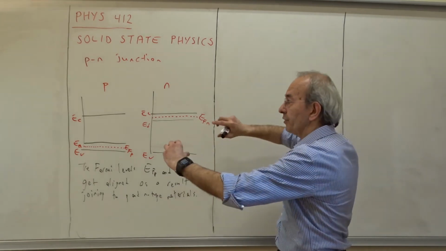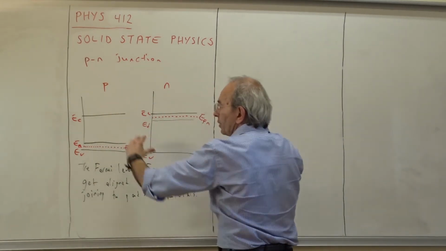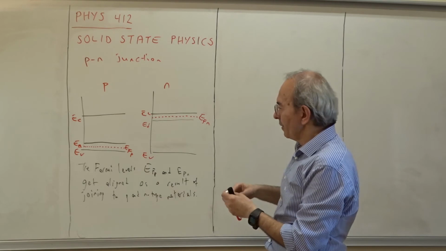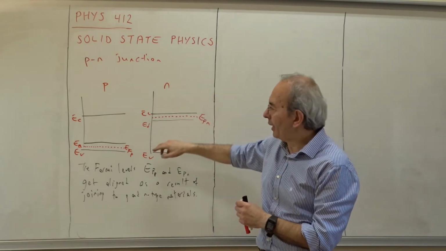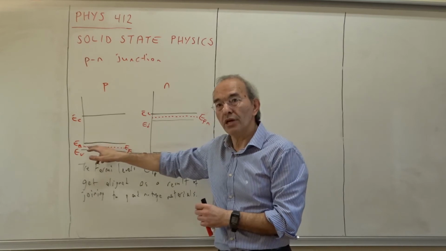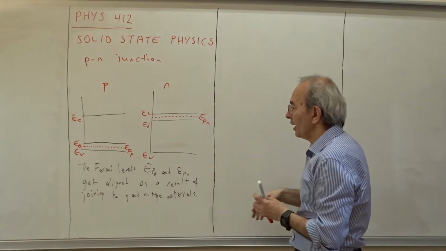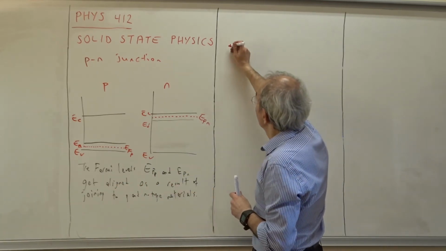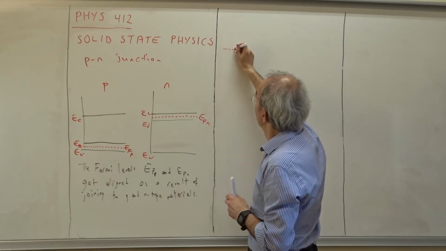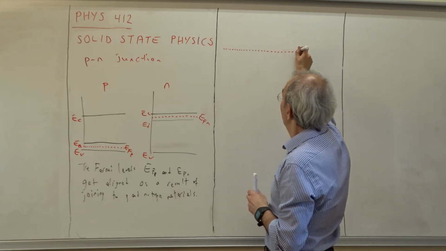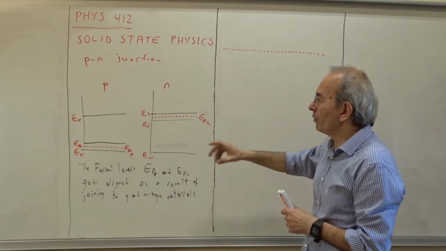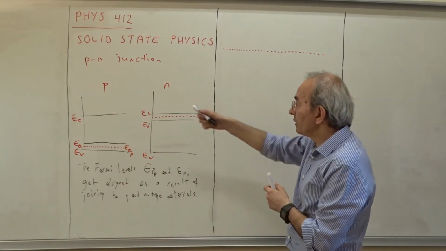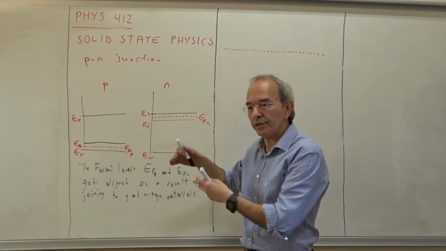Now take this one and create a certain slope here, the contact potential. Bring this dotted line and join it to the other dotted line. So we have the Fermi levels aligned. Then what happened to the other lines? For the p-type, remember p and n, this is the order in this case.